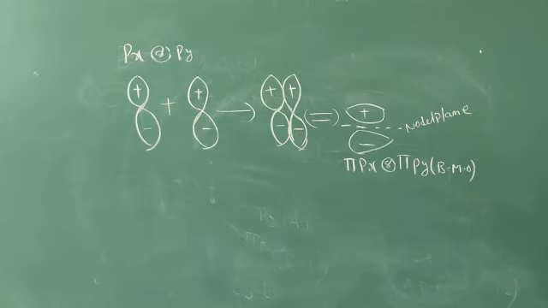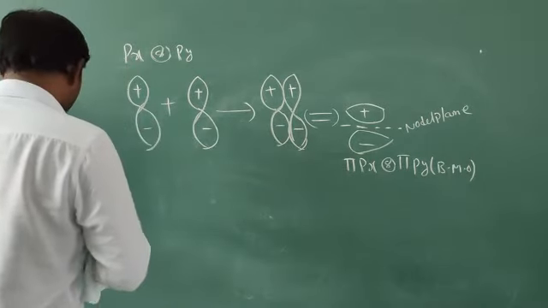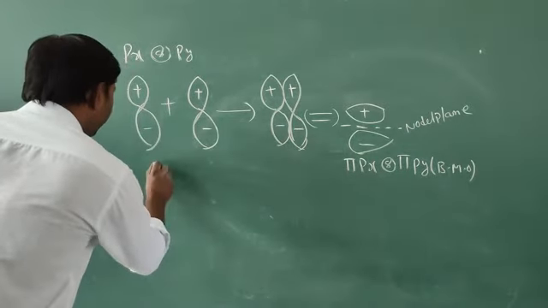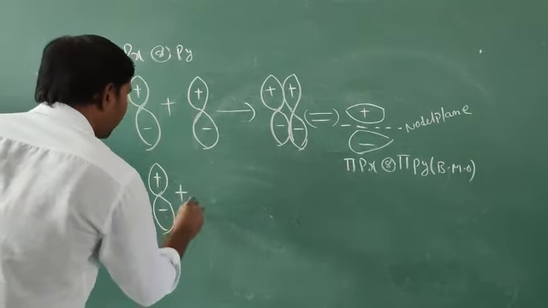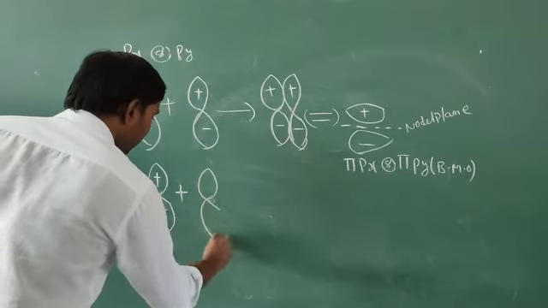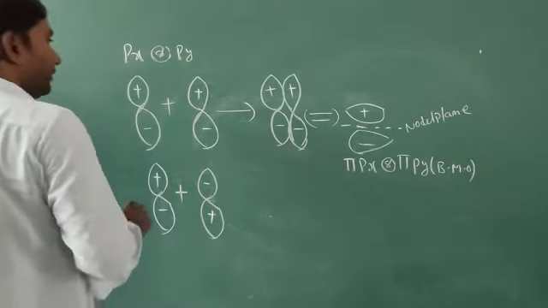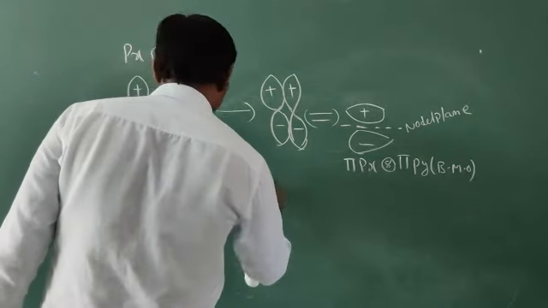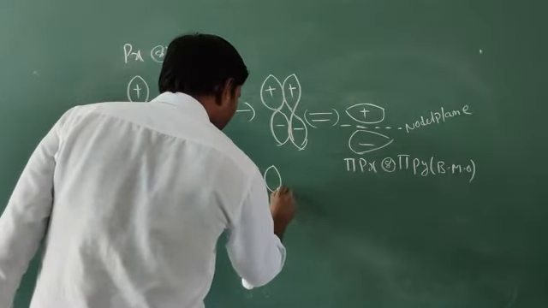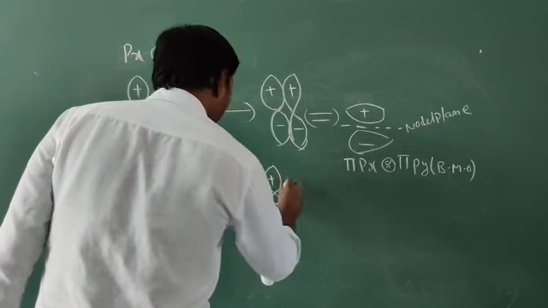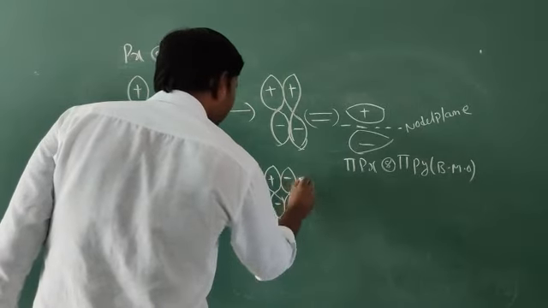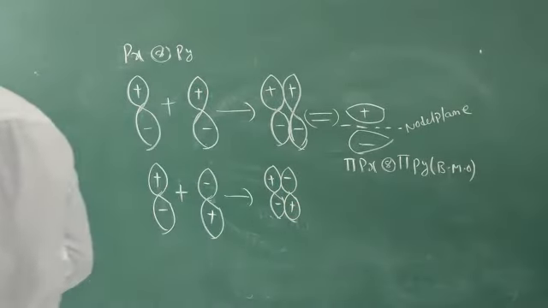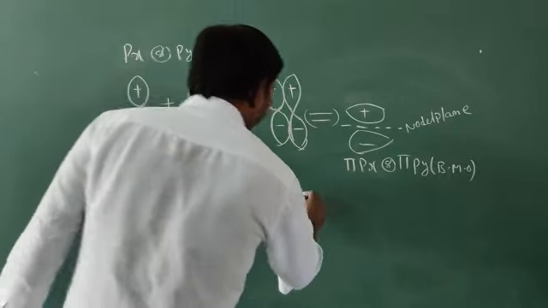Next one, anti-bonding orbitals. Plus, minus; minus, plus. Both are undergoing overlapping.